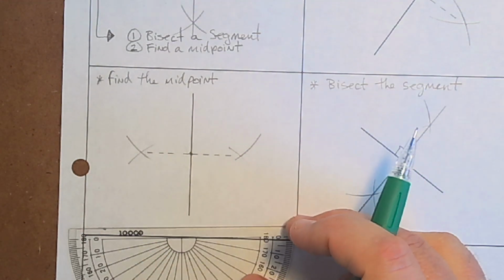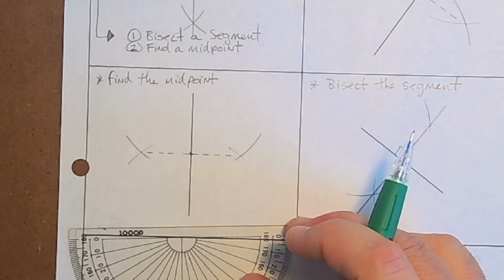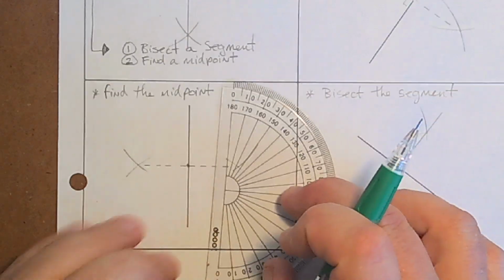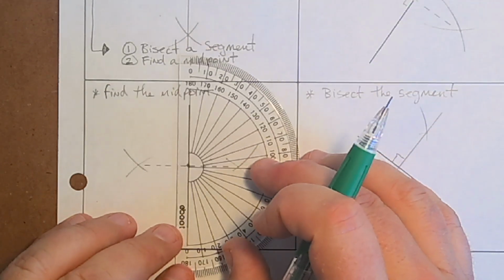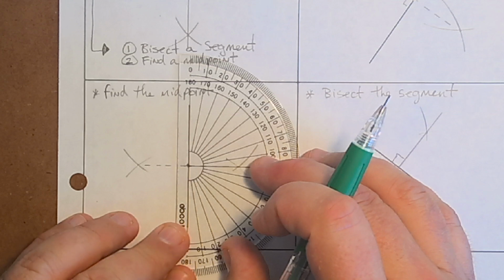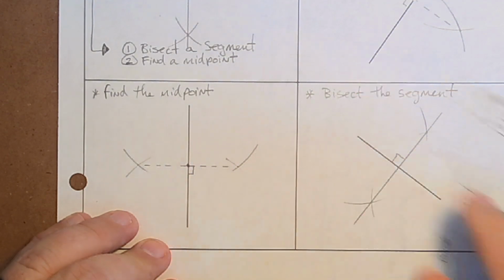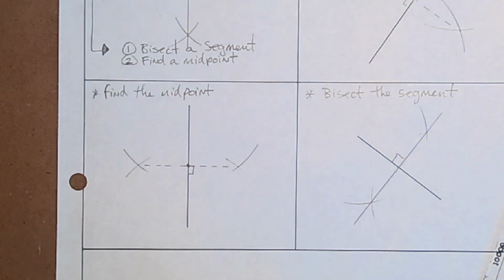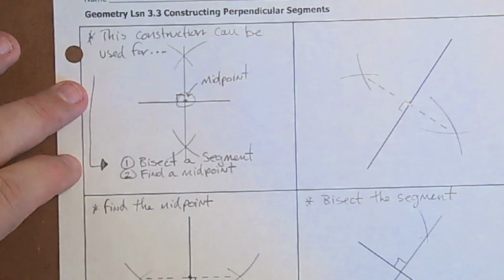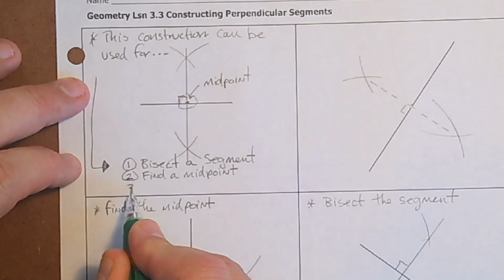So I put some dashes down here as well. And I can measure any of these angles, right? Because I've got 90s all the way around, huh? Like that.